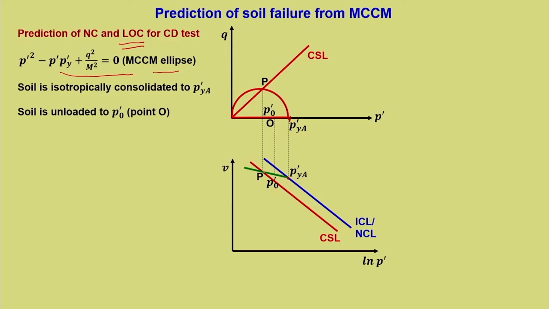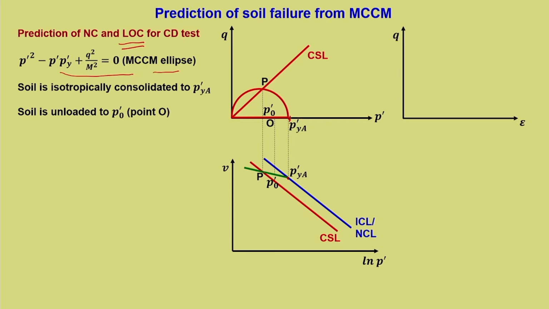So, it is very essential now to understand these sequential steps. In our previous lectures these were not very strictly followed. I will tell you one more aspect which we did not follow very strictly, but now things are very clear when we integrate the yield curve along with the stress path. So, now p'0 is on the unloading curve.